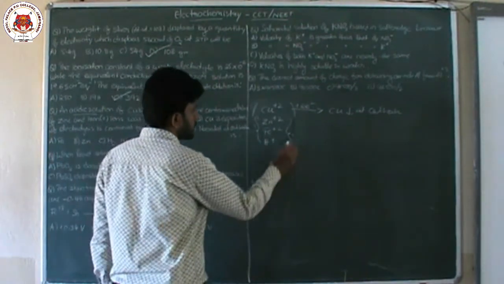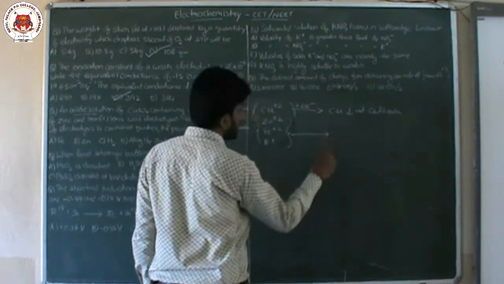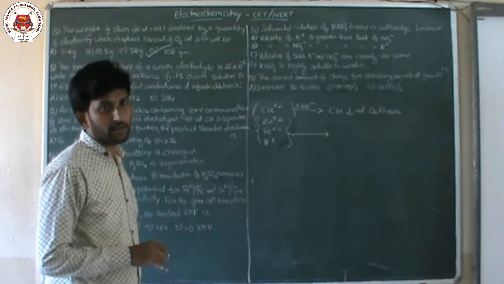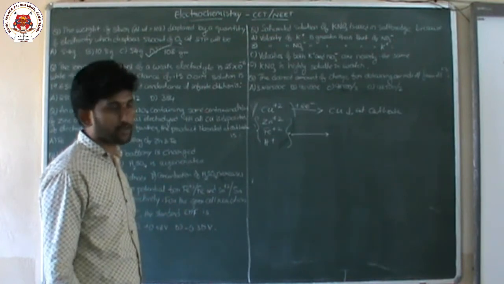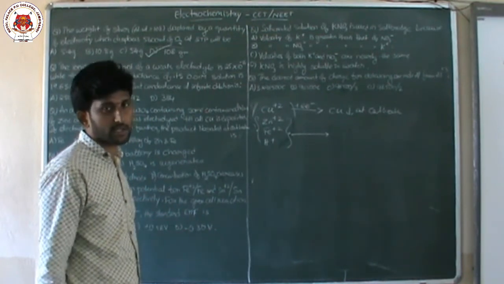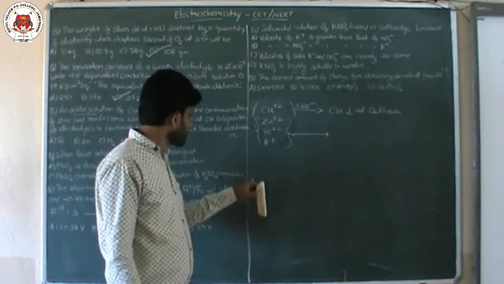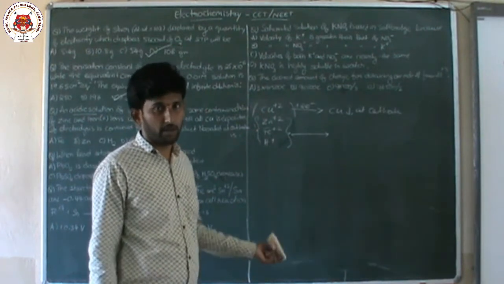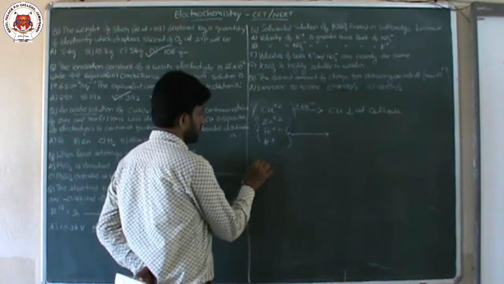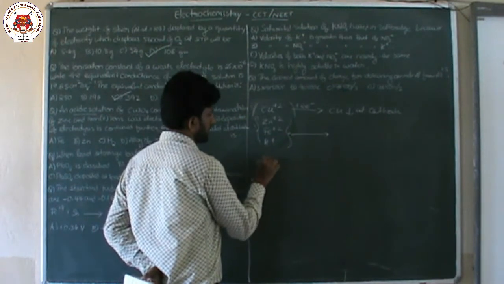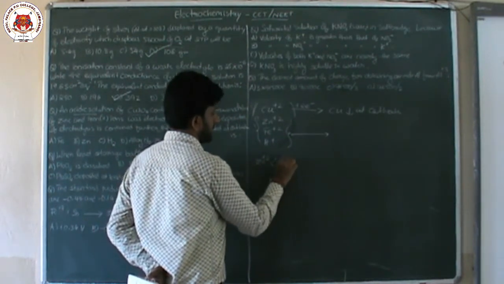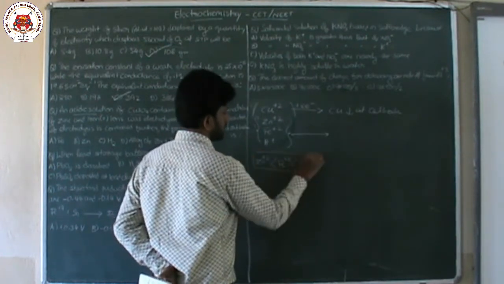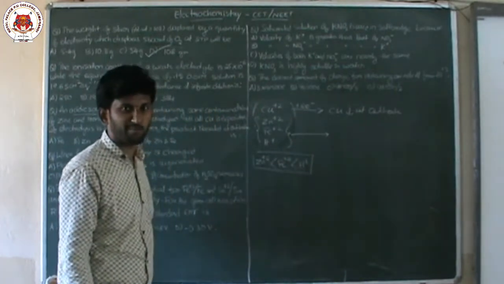Now, which one will undergo reduction readily? Zinc, iron, or H plus at cathode? If you see the electrochemical series table, zinc plus 2 electrode potential is less than iron plus 2, which is less than H plus in the electrochemical series.